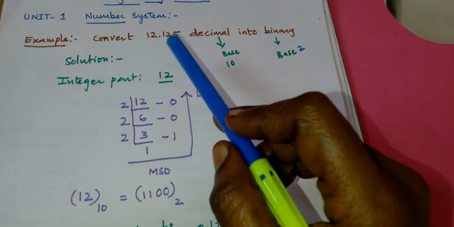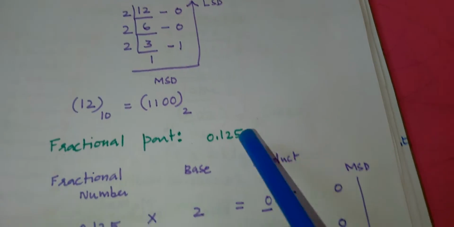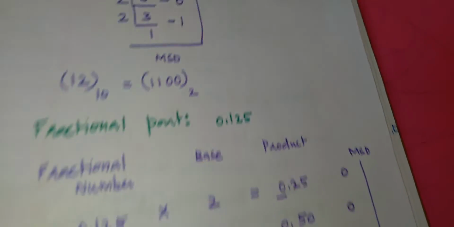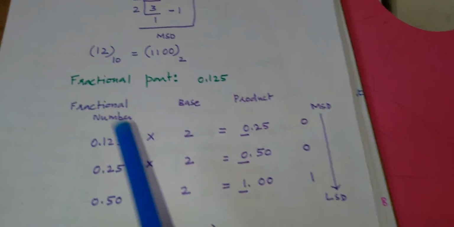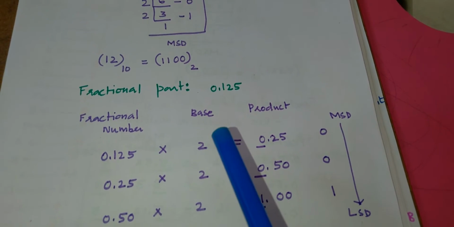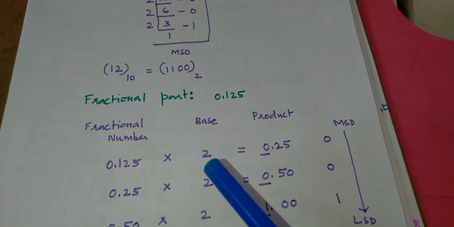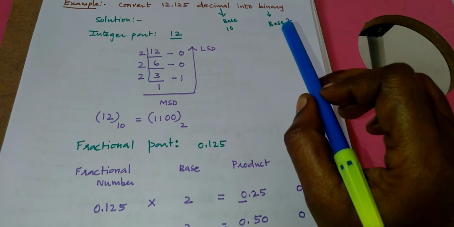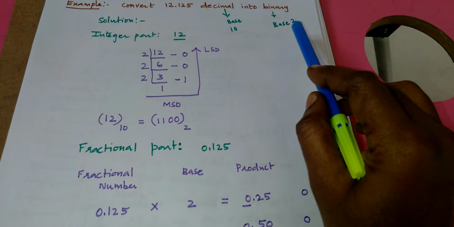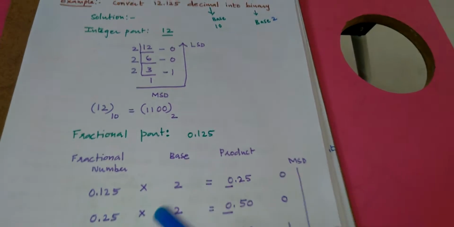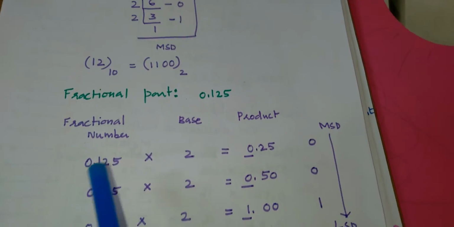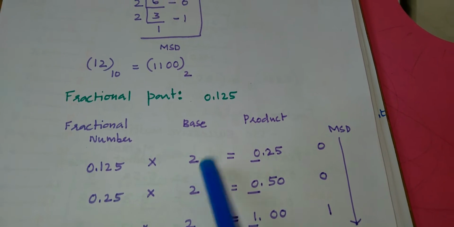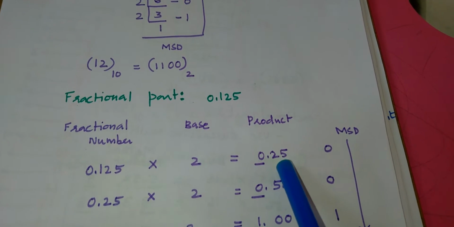Then take the fractional number and use the successive multiplication method. Which number has to be used for multiplication? Take the base value of binary, which is 2. This fractional number is first multiplied by 2 and gives the value 0.25.